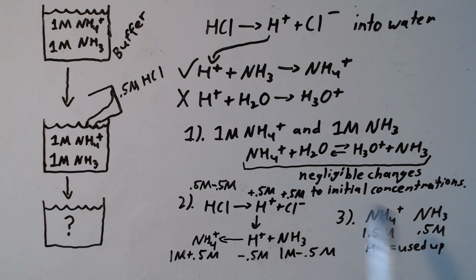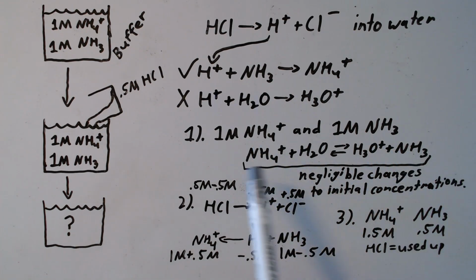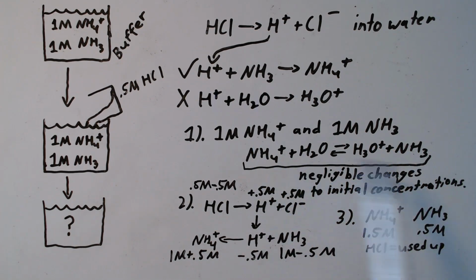Because even though the ratio of this to this has changed, both components are so weak that the pH changes very little if only the NH4 plus and the NH3 concentrations change, and the HCl is used up.